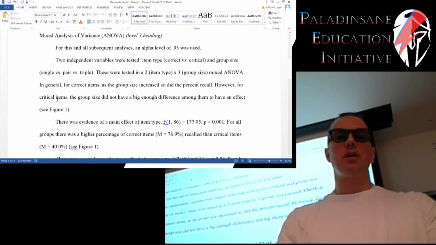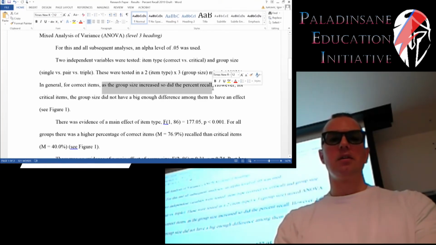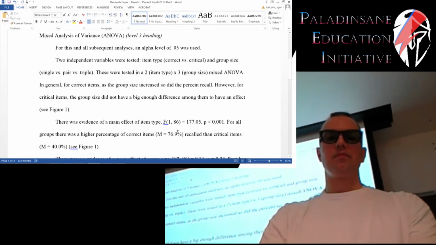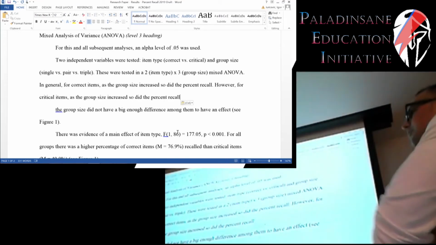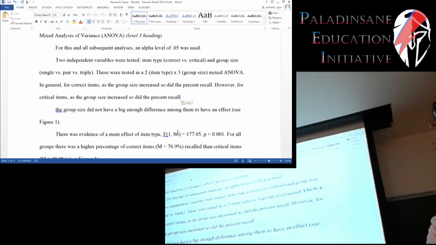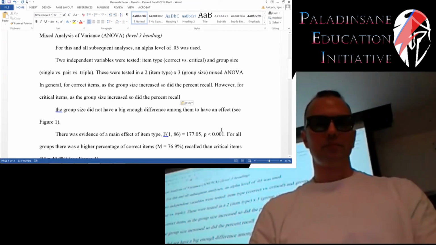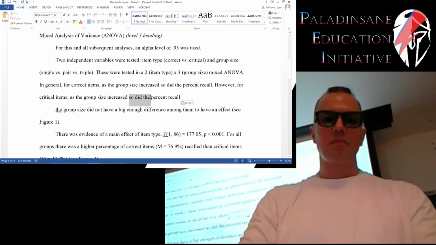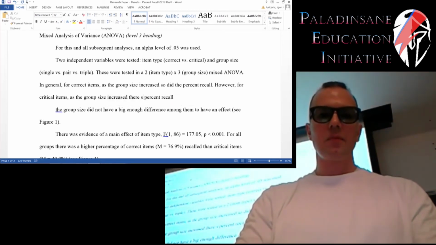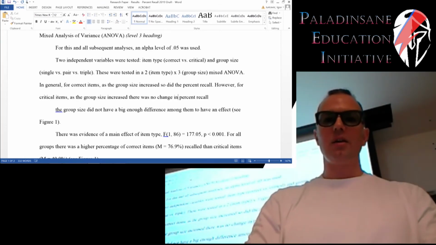However, for critical items, see if we can do that same thing again. So for critical items, as group size increased, there was no change in the percent recall.